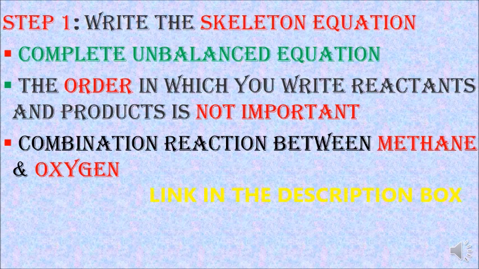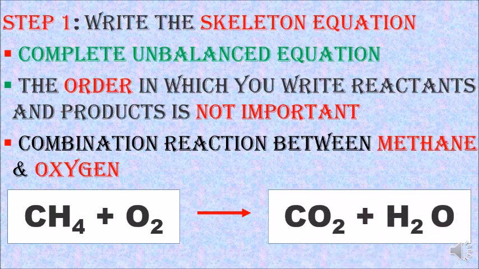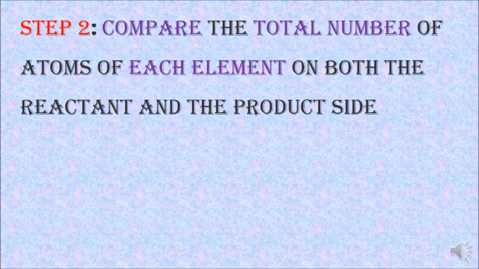Link is given in the description box. Now, the chemical formula of methane is CH4. It burns with oxygen gas O2 to produce carbon dioxide CO2 and water H2O. So, this will be the skeleton equation of this reaction.